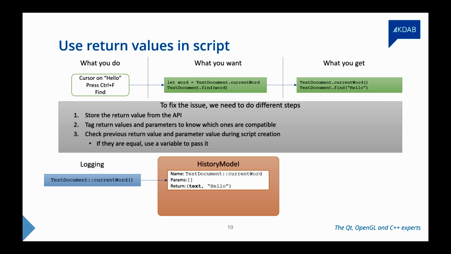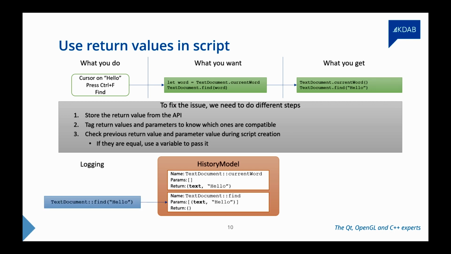The return value is hello, and I'm tagging it saying it's a text. Okay? And now when I'm searching for hello, so find hello, what I'm going to store is the API find. The parameter is hello, and it's a text also, so that's the same tag, and there's no return value.